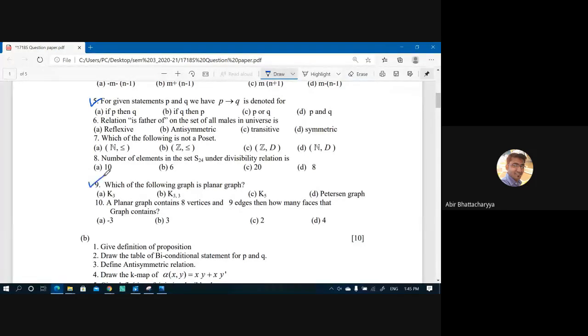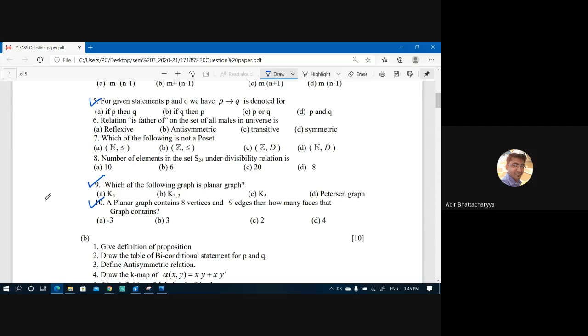Solve this and write down your answer on the chat box. Just the option. All of you have to write in the chat. I want the answer from all of you.